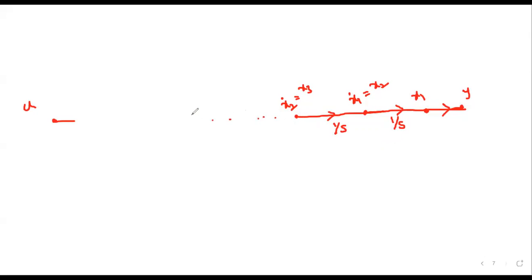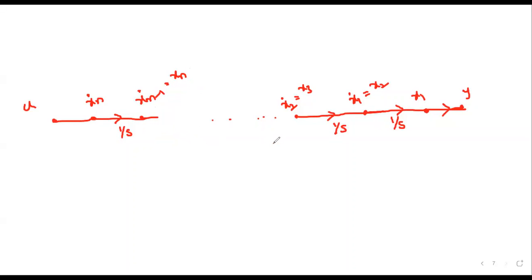Finally, xn minus 1 dot is nothing but xn. And how to get xn from xn dot? If you integrate xn dot, you will get xn.